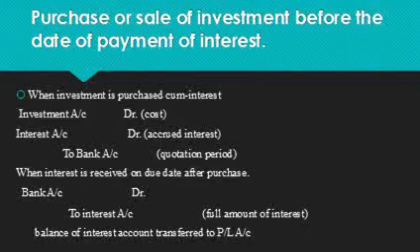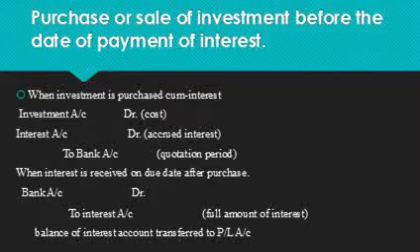When the purchase or sale of investment is before the date of payment, that is, before the due date for the interest payment, the recording journal entry when the investment is purchased cum interest, that is including interest, will be investment account debited, interest account debited to bank account.